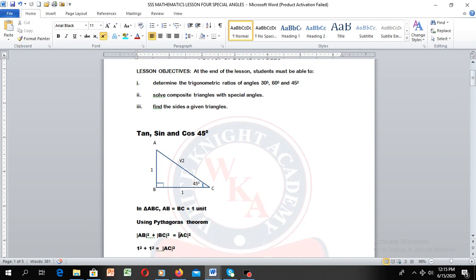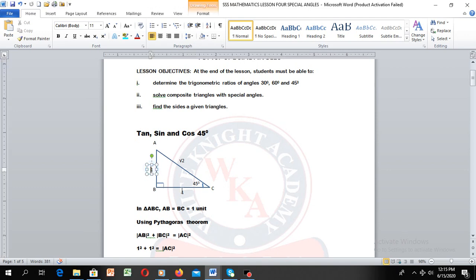We state that the sum of the squares of the adjacent sides of the right angle triangle is equal to the square of the hypotenuse. Mathematically, we have AB squared plus BC squared equal to AC squared.